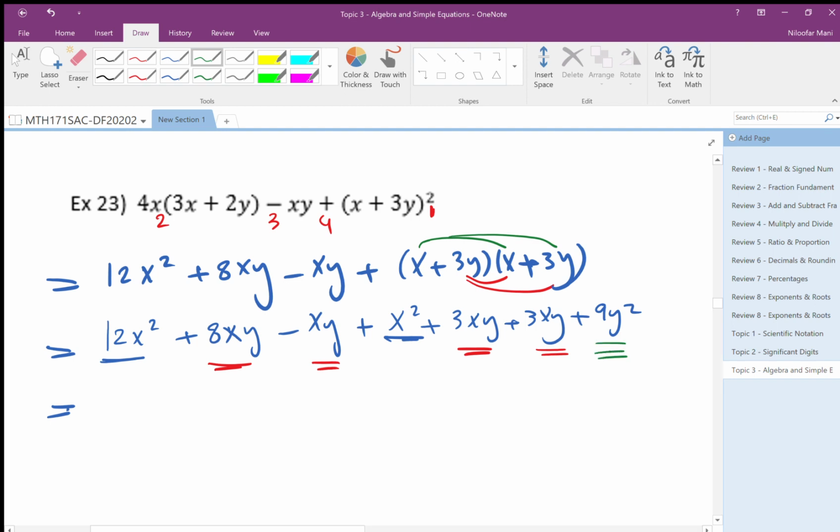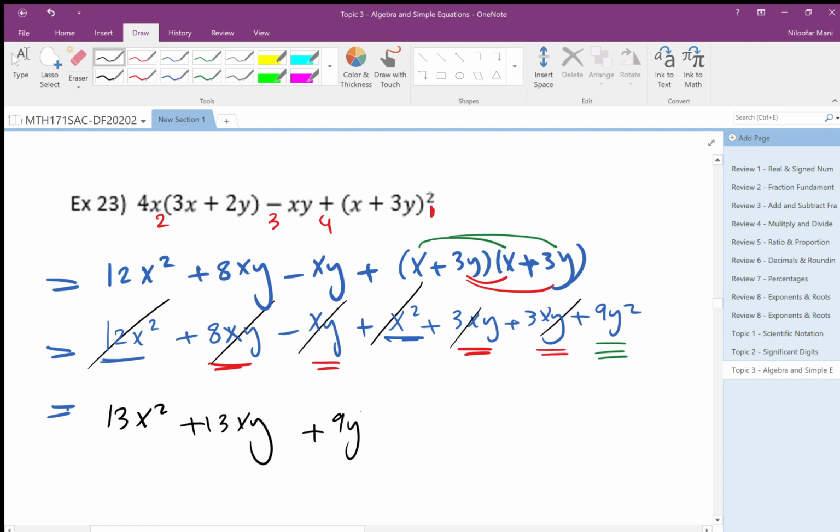Yes, so 1 to 3. Okay, so now I combine them, so 12x squared is 13x squared, and I do this. 8 minus 1 is 7 plus 6 is 13, so plus 13xy, so this one and this one and this one and this one, plus 9y squared.